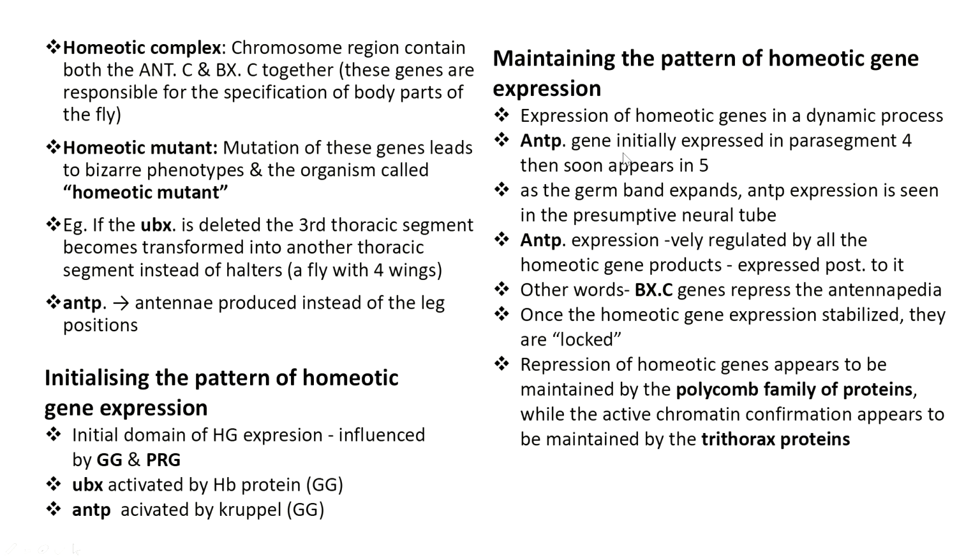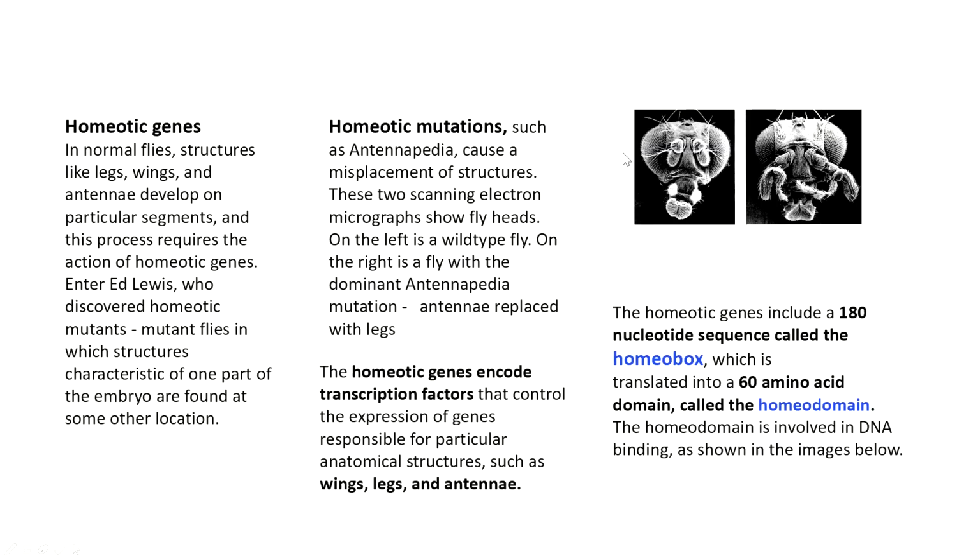So see, different types of proteins. We know a protein is produced by a particular gene. The proteins produced by the genes repress, suppress or maintain the activity of the homeotic selector genes at each and every segment.